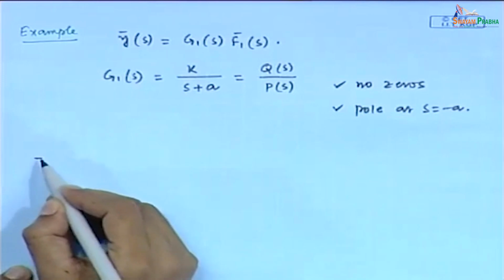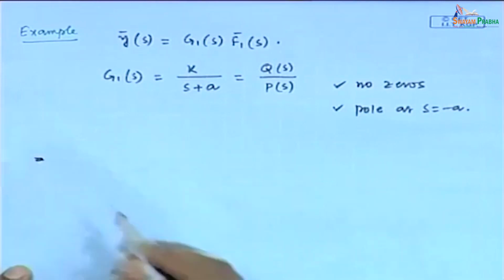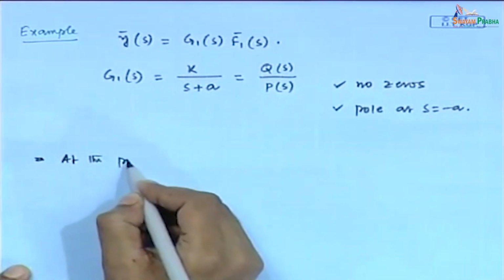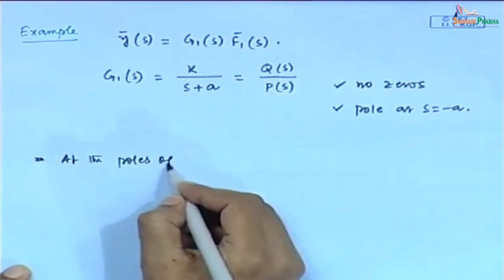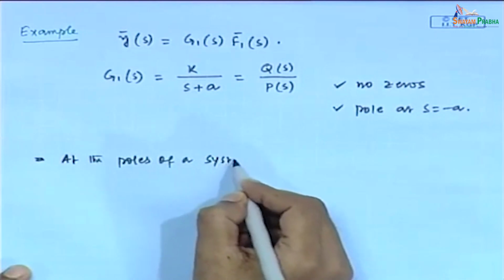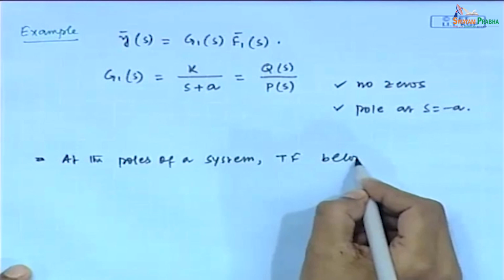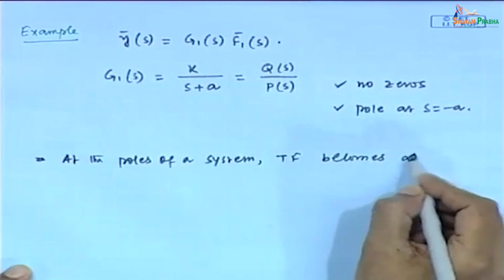Now, one point I want to mention: at the poles of a system the transfer function becomes what? At the poles of a system, transfer function becomes infinity.